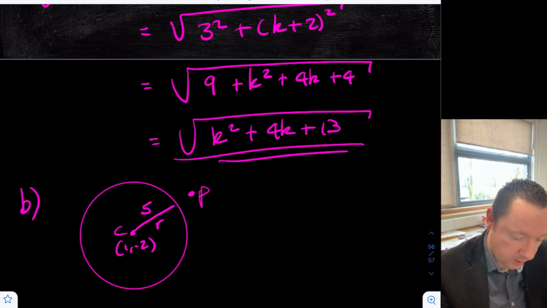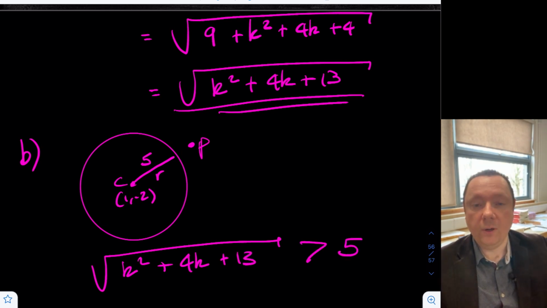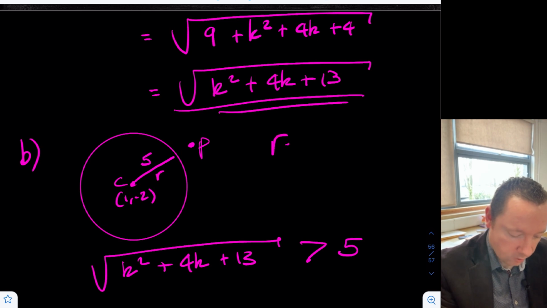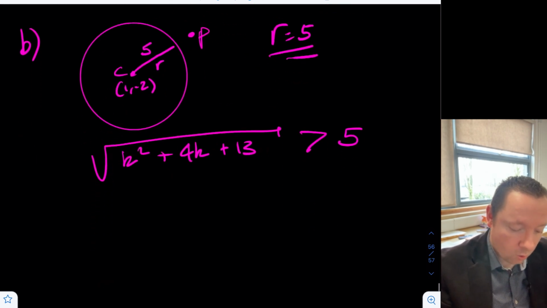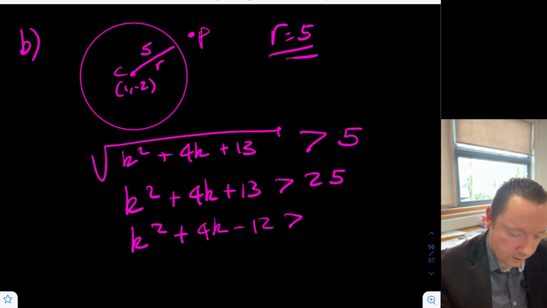So we can then just say that the square root of k squared plus 4k plus 13 is greater than 5. And we can go from there. That's because our radius, remember, is 5. So, quadratic inequality, square both sides, k squared plus 4k plus 13 is greater than 25. Taking the 25 over, we get k squared plus 4k minus 12 is greater than 0.